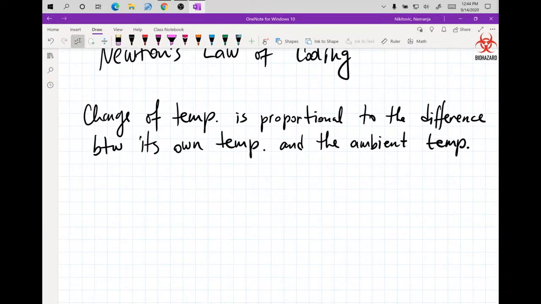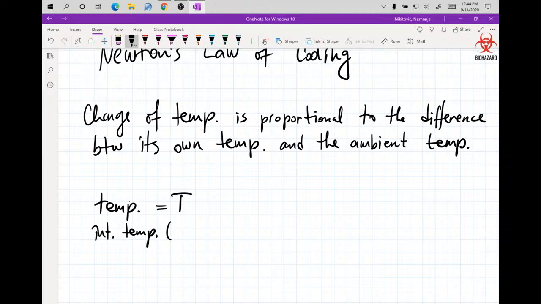So we have the temperature, and that's going to be the capital T. Then we're going to have the initial temperature, that's called T0. And then we're going to have the ambient temperature. In our case, with the chicken, it is the oven.